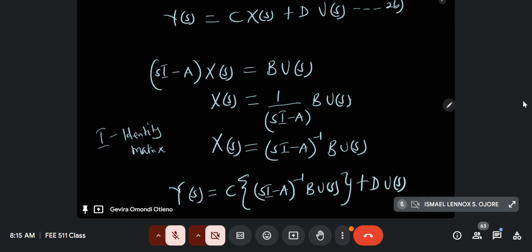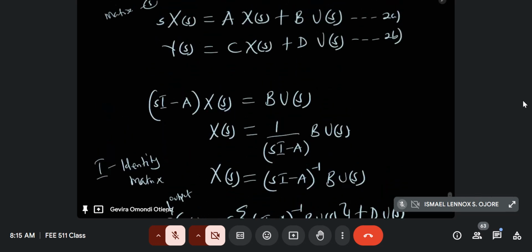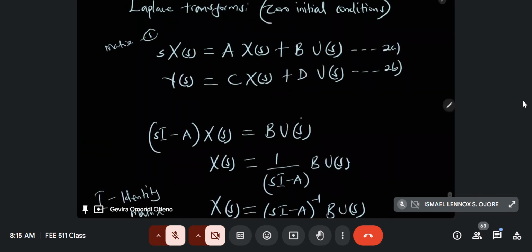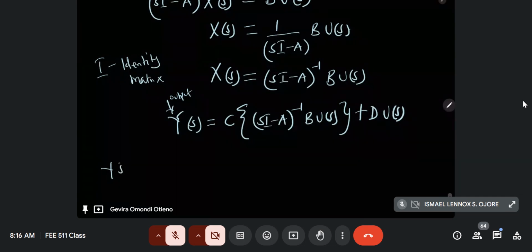Remember, we know that y of s is usually the output, because for a transfer function, you want a function that relates the input and the output. And from our definitions, we know that U of s is our input. So that is why we are looking for a function that relates y of s and U of s.